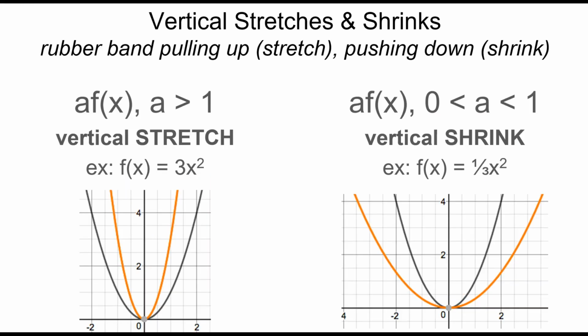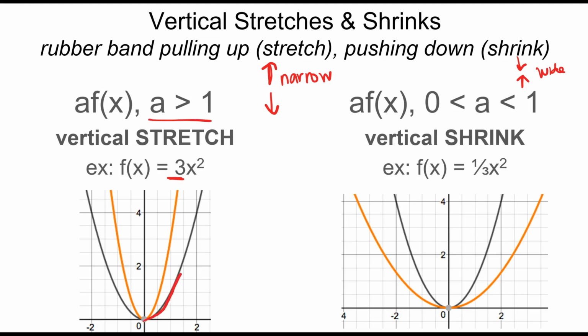Continuing to talk about vertical, we're going to talk about vertical stretching and shrinking. Now, a vertical stretch is when you're pulling the function up and down. So it's going to end up getting more narrow. And a vertical shrink is when we're pushing the function down vertically. It's going to get wider. A vertical stretch happens when we multiply a number outside of the function and it's bigger than 1.